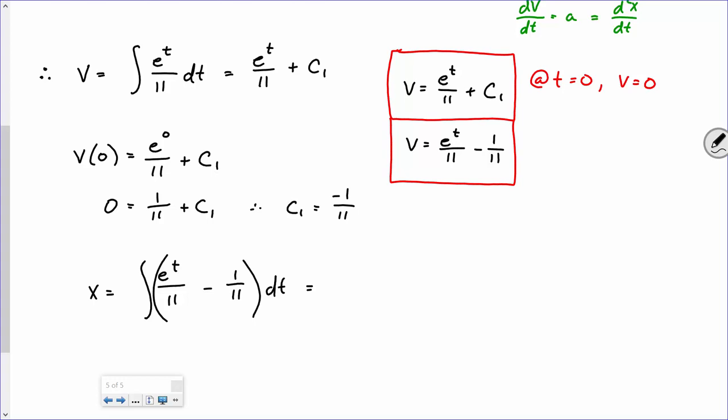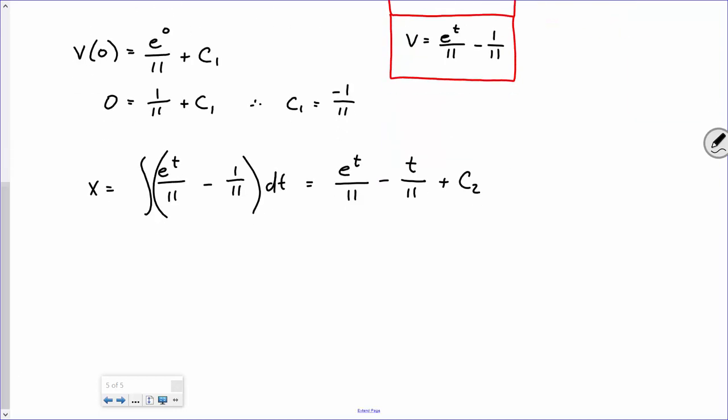What about this? What's the integral of a constant? Constant times t, right? So we have e to the t over 11 minus t over 11 plus c2. Call it c2. The particle is initially at rest, so its initial position is 0.